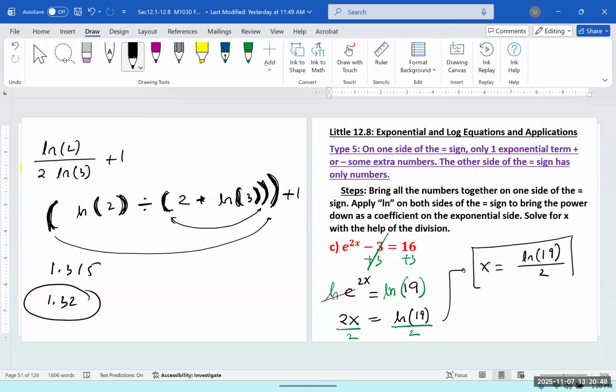You leave it like that if it's not in the calculator portion, but most likely it will be in the calculator portion, so you find the decimal. And this one is easy. Punch ln of 19, close the parentheses, divided by 2.